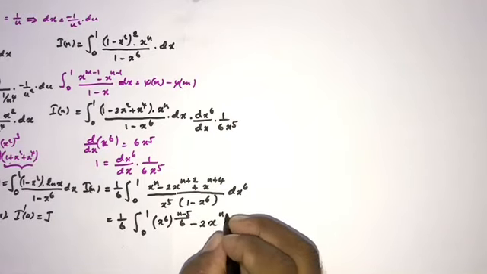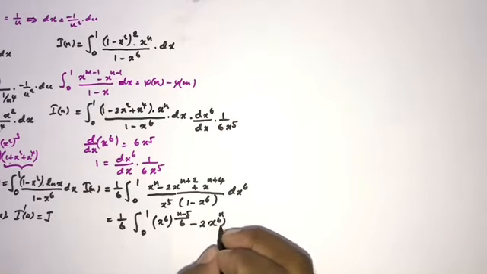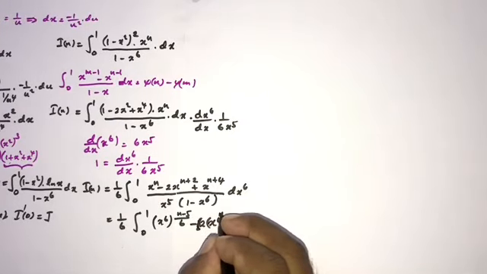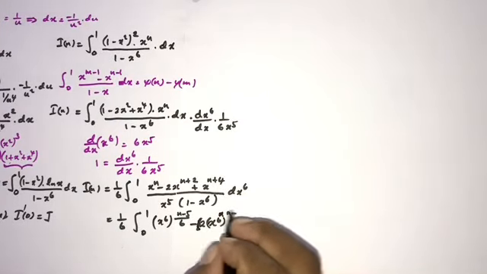So x to the 6 power raised to the n minus 3 over 6.